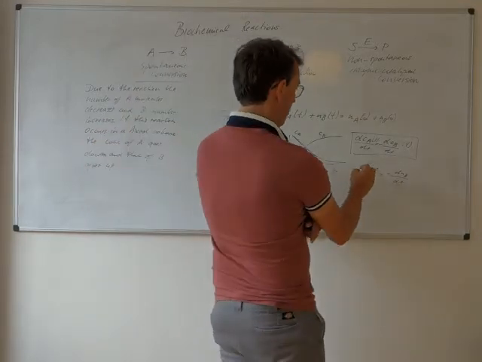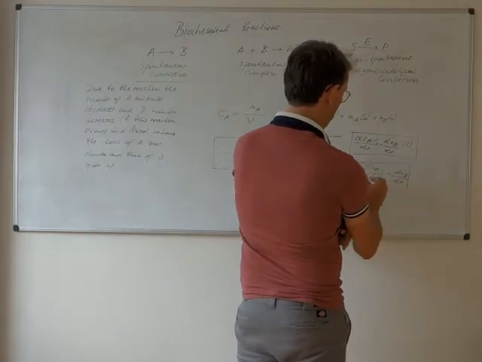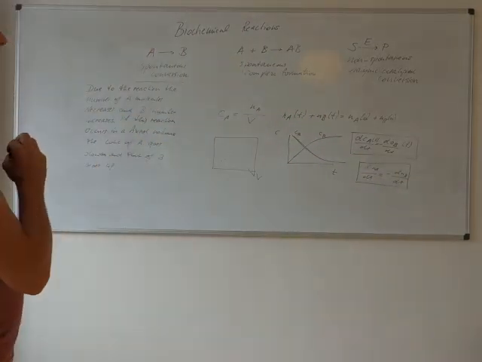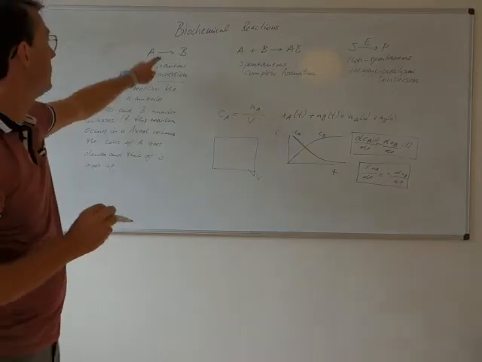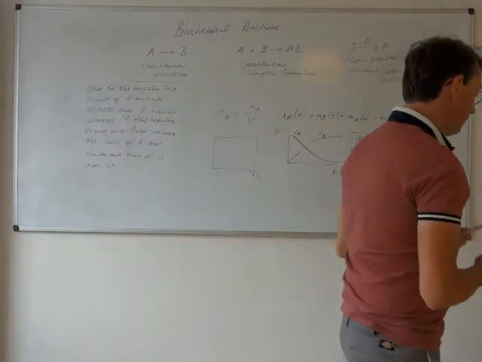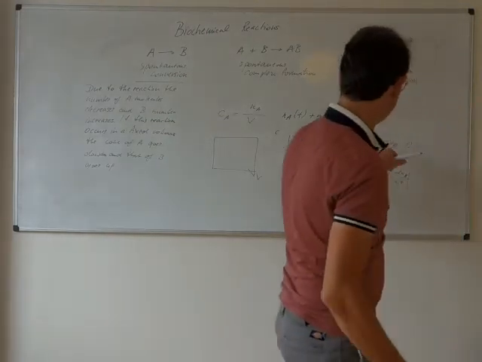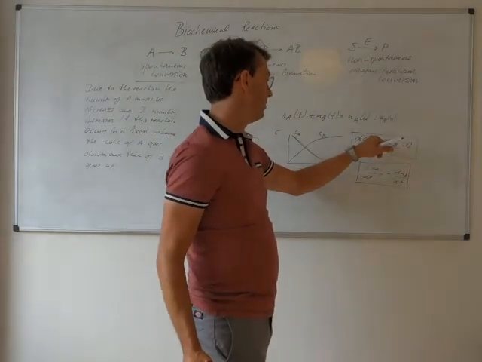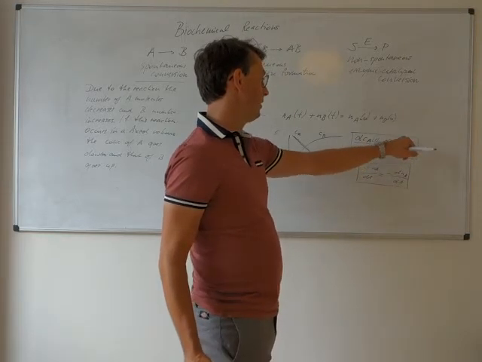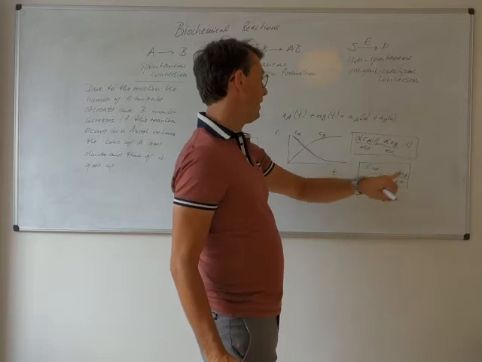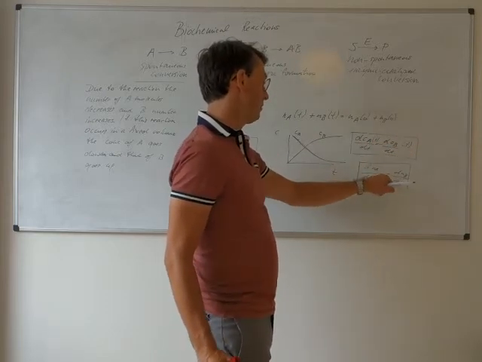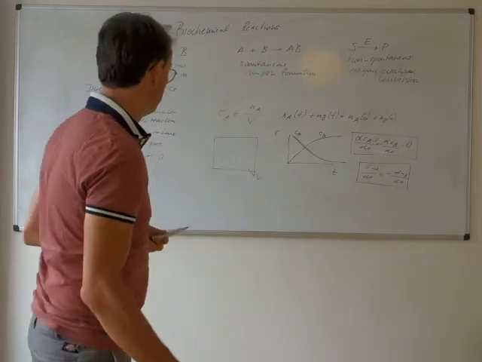Okay? So any loss of one molecule of A is accompanied by a gain of one molecule of B. That's what this says. So the rate of change in the concentration of A equals minus the rate of change in the concentration of B. Any loss in A is accompanied by an equal gain in B, in terms of the number and in terms of the concentrations.